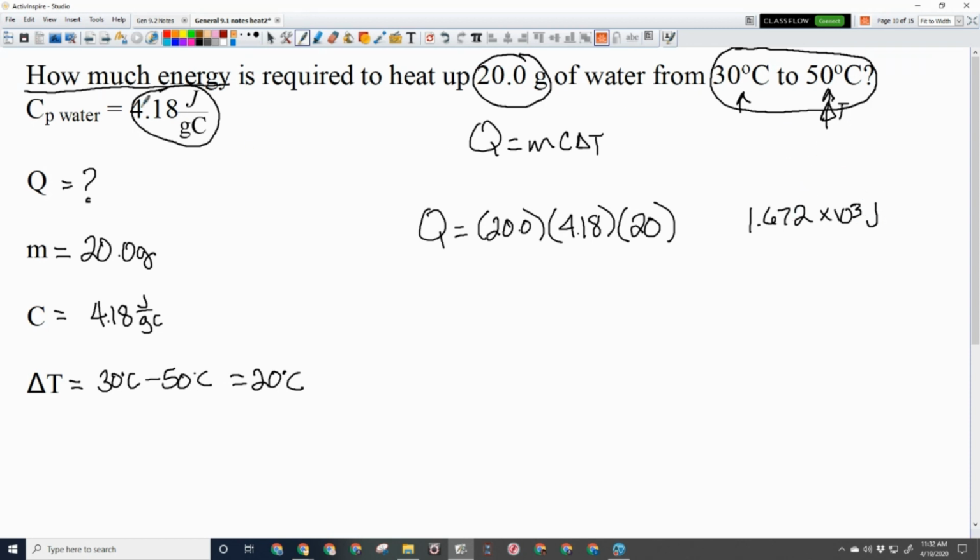All right, how many sig figs? Well, here's 3 sig figs. These 2 zeros count because there's a decimal there. 30, this zero's at the end. It's not going to count because there's no decimal. So we have 1 sig fig here. We can't have anything less than 1 sig fig, so I don't even have to count here. So this needs to be 1 sig fig. So our official answer is 2 times 10 to the third joules.